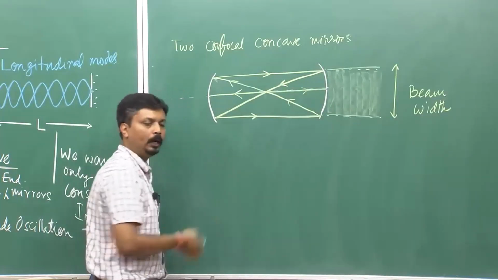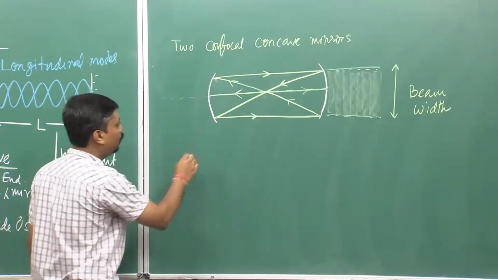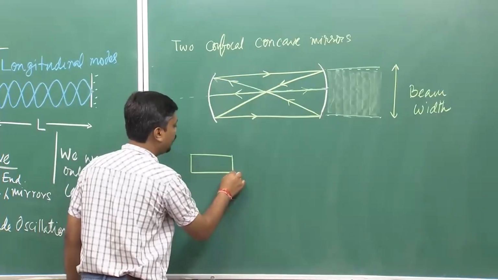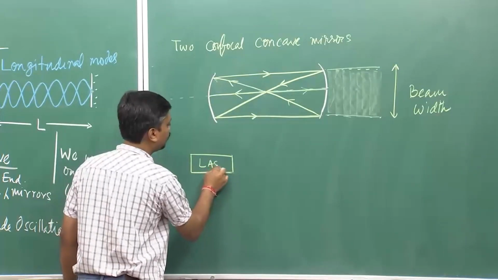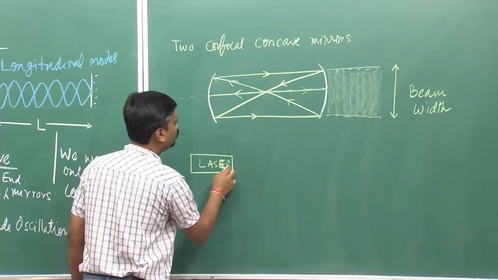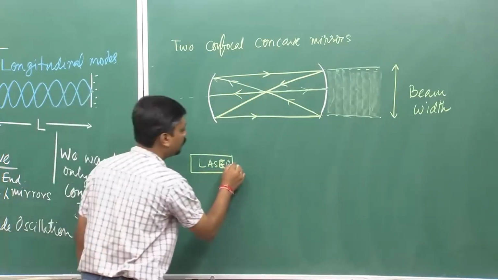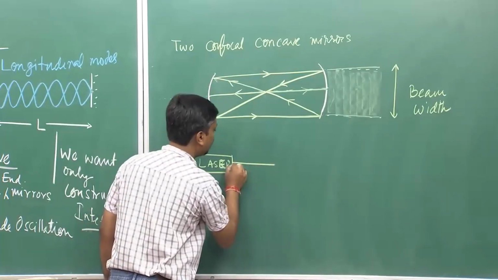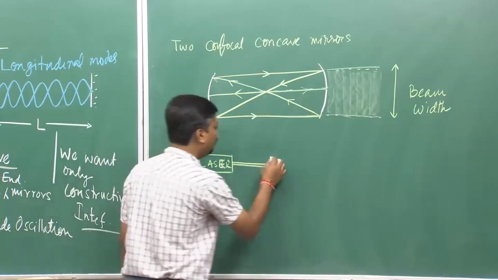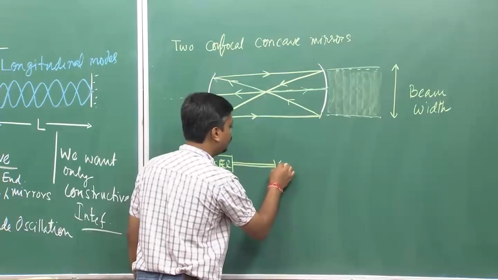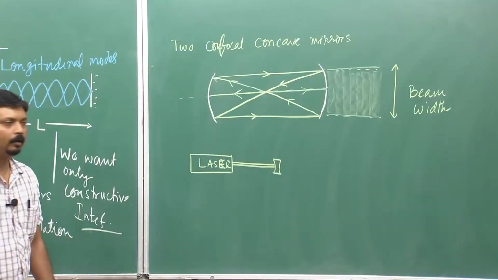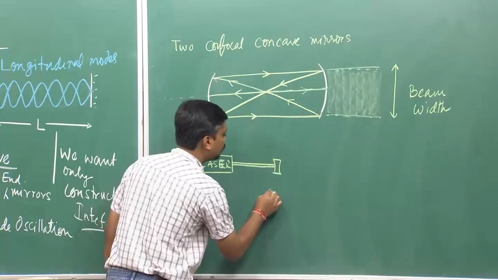So, what I am saying essentially, suppose this is my whole laser, so everything is inside and all I am getting is an output, and suppose I expand this beam, okay, by a lens.